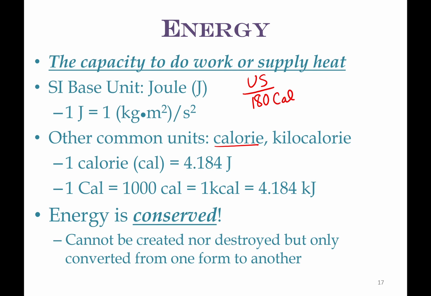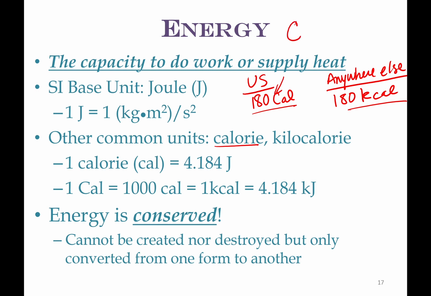But if you looked at that same nutrition label anywhere else, you would see that there's 180 kilocalories. How does that work? Well, you see this C? It's a capital C. 1 capital C calorie is equal to 1,000 little c calories.